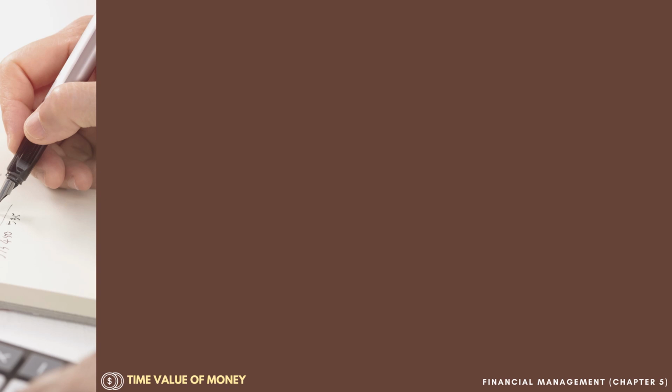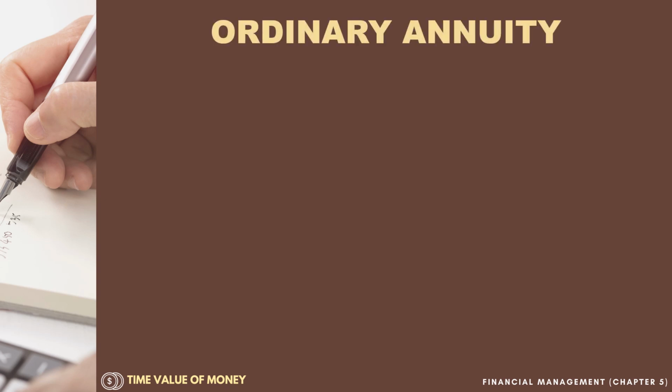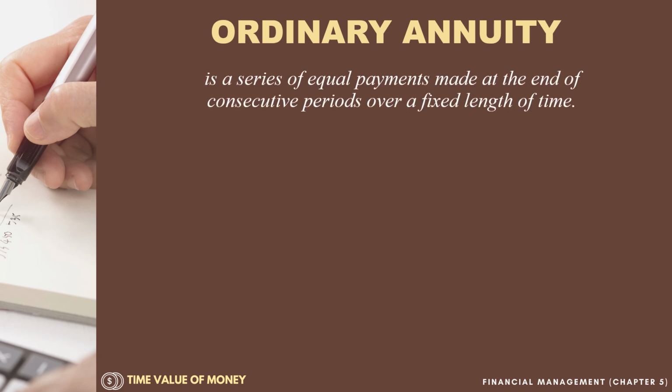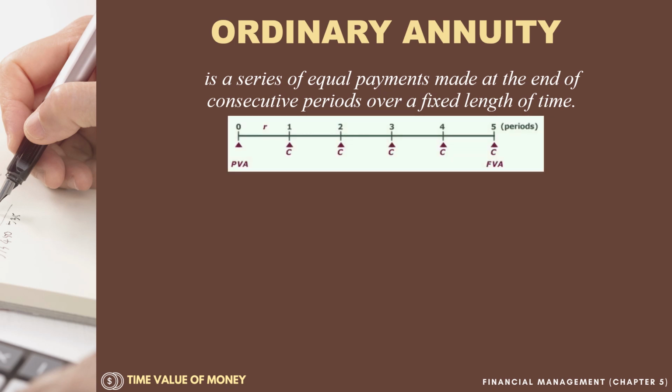Now let's have the second type of the time value of money, which is the ordinary annuity. Now, an ordinary annuity is a series of equal payments made at the end of each consecutive period over a fixed length of time. Now, here in the timeline, as you can see, there are cash flows in between the present value and the future value.